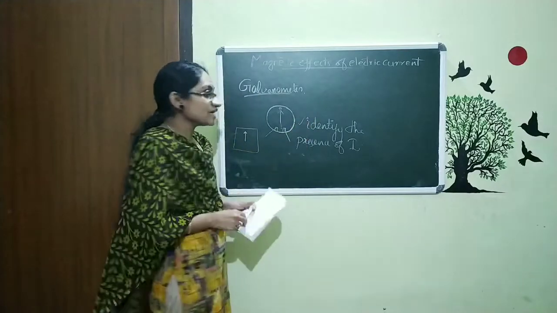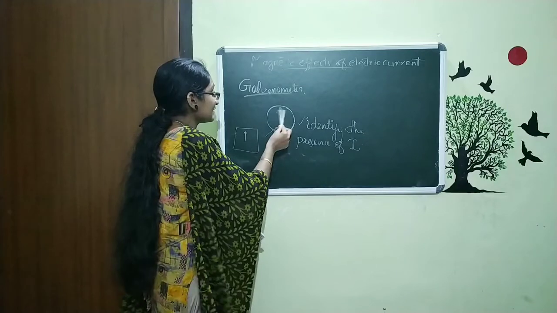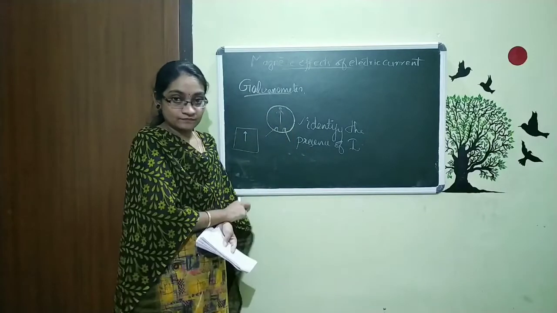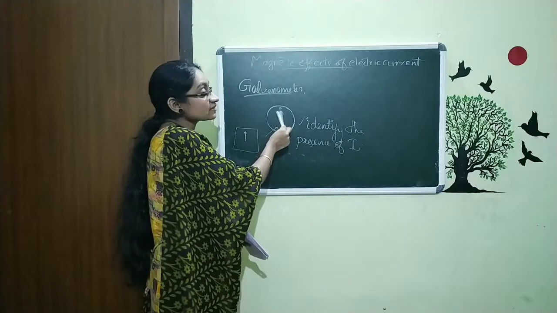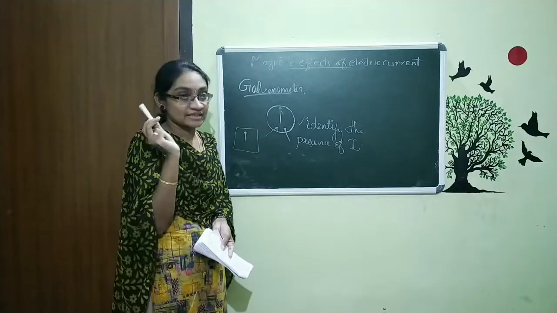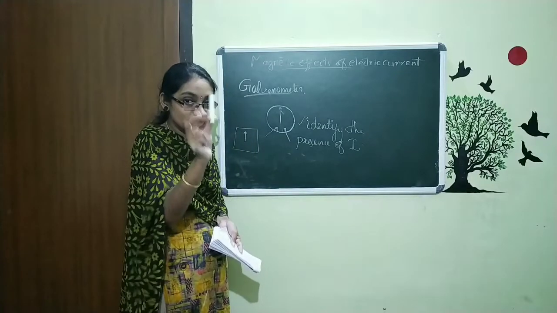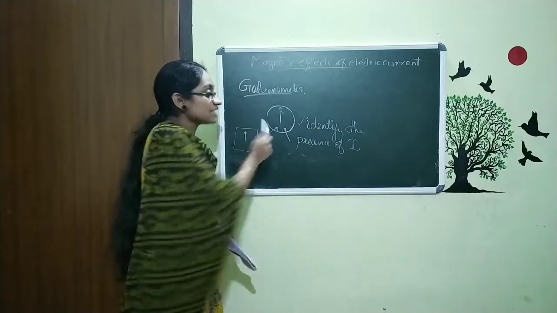When current is flowing through a particular circuit, you can see there will be a deflection. When there is deflection, we identify the presence of current, which means electricity is flowing through that circuit. That is one thing about this galvanometer.